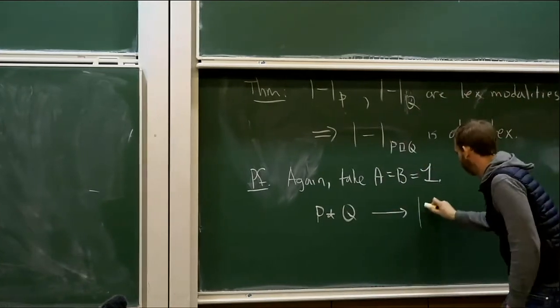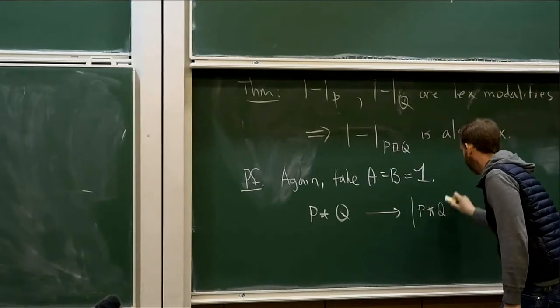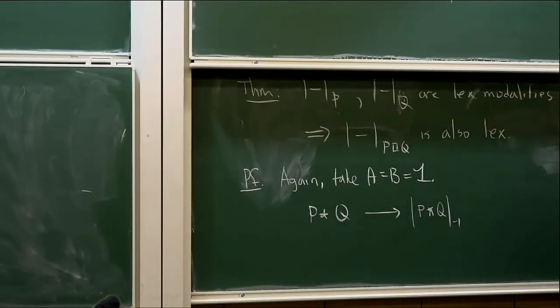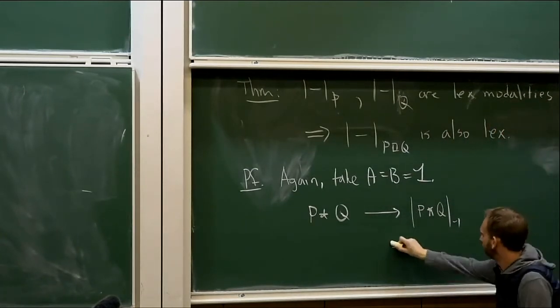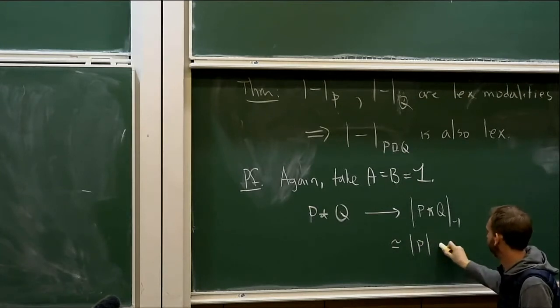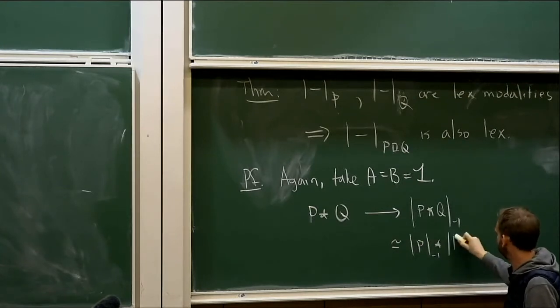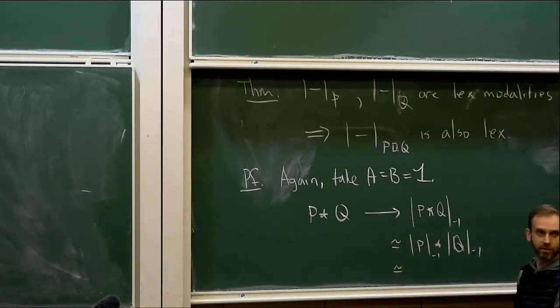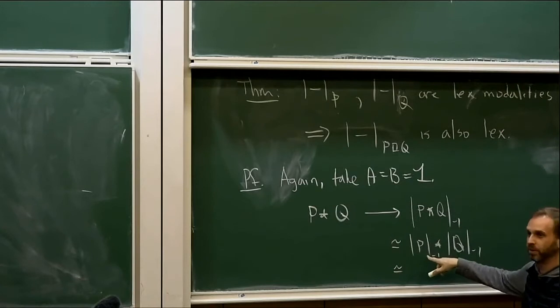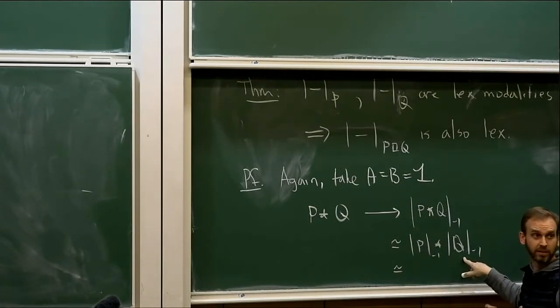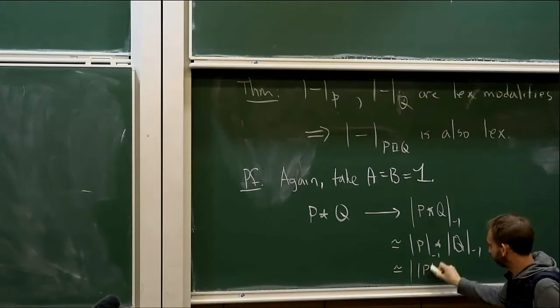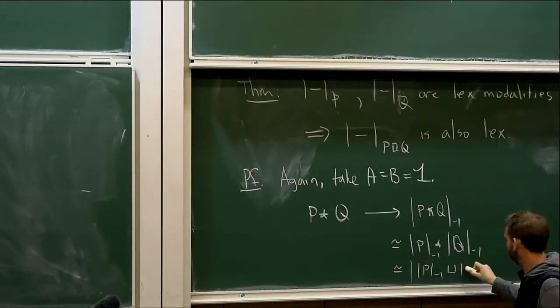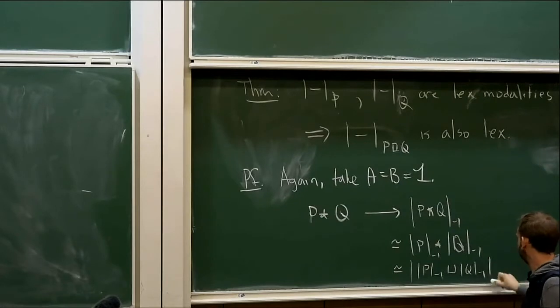I'm going to consider the -1 truncation of P join Q. But -1 truncation commutes with the join. So this is this. And now it's a sort of well-known fact in HoTT that the join of two propositions, and this is now a proposition, is implemented by the truncation of their disjoint union.